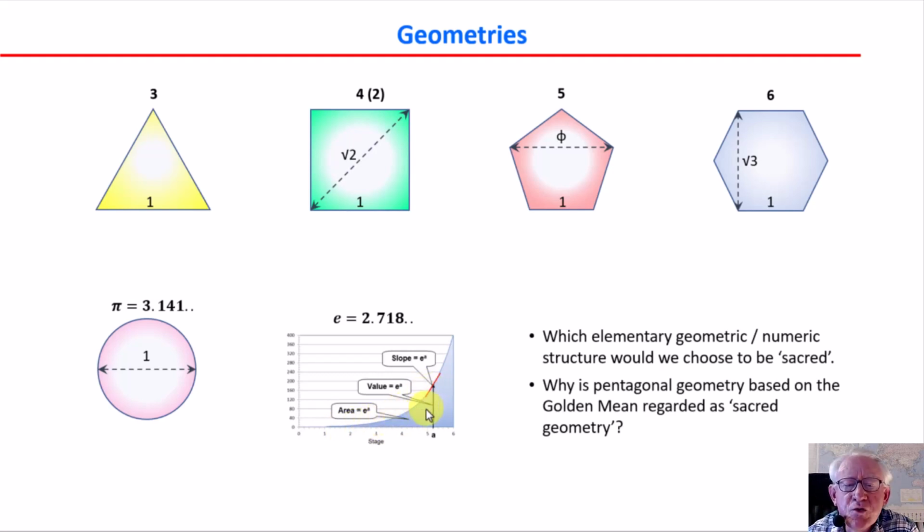So this has a unique property similar to exponential growth on the base 2. It has the same unique property, but in a more powerful way, in that every value is equal to the sum of all the previous values. In other words, every value is equal to the area under the curve all the way back to 0. So that's a very powerful feature, and it's unique to this particular number.